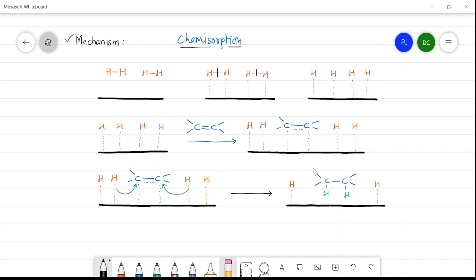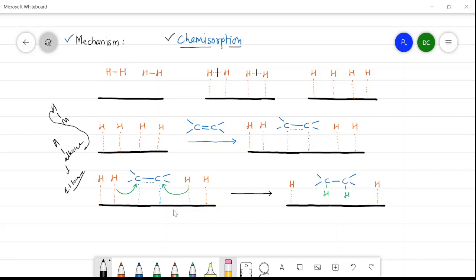So in this mechanism, we have to keep in mind the chemical adsorption process, the formation of chemical linkage between hydrogen and the metal surface, then the alkene molecule, then the transfer of hydrogen to give the corresponding alkane. This is the actual mechanism that occurs in hydrogenation.